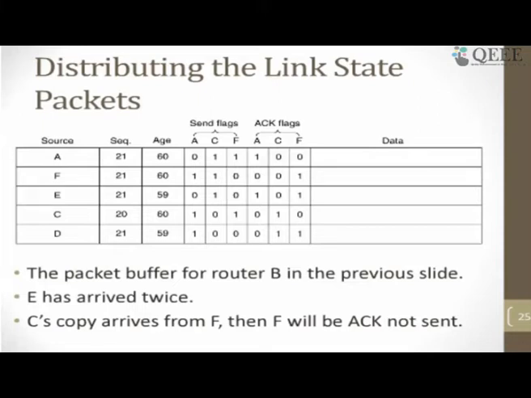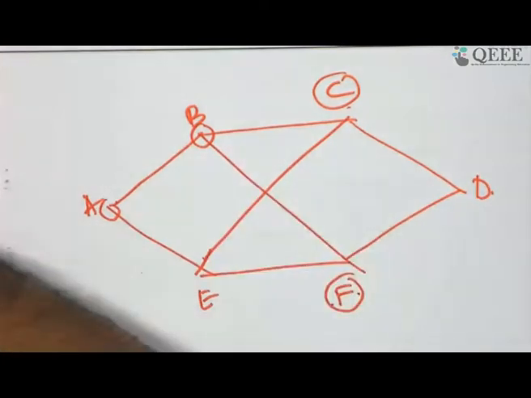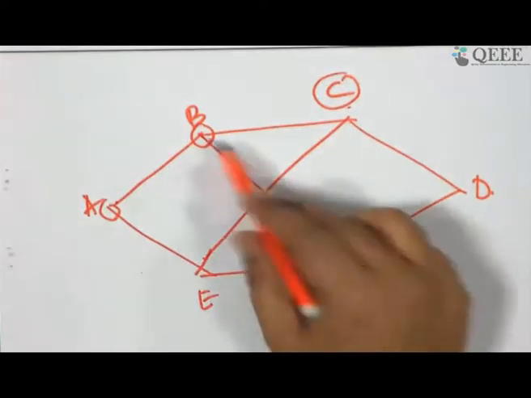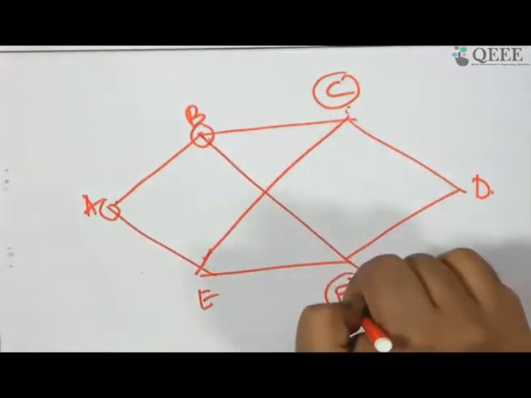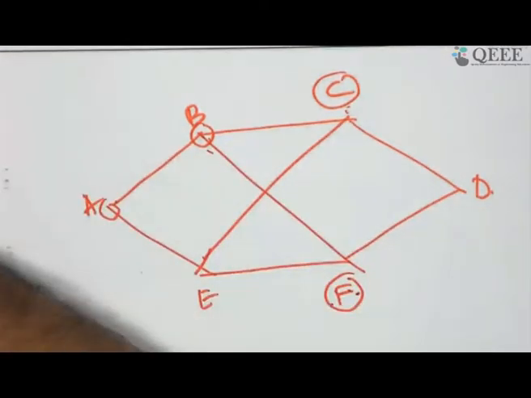If B has received from A, it should distribute to C and F, because C and F are actually neighbors of B. And from where has it got the packet?